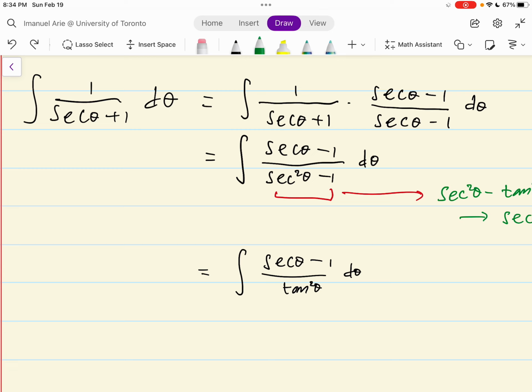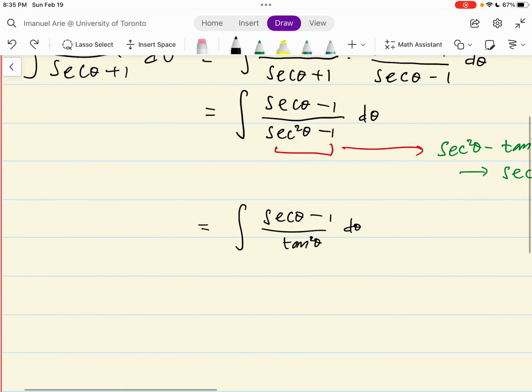So if we split the numerator, we will have two different integrals, and for the secant theta part, we will have something like 1 over cosine theta times cosine squared theta over sine squared theta. I think that's a very good beginning to solve this integral. And also we will have minus the integral of 1 over tangent squared theta, which is just the integral of cotangent squared theta with respect to theta.